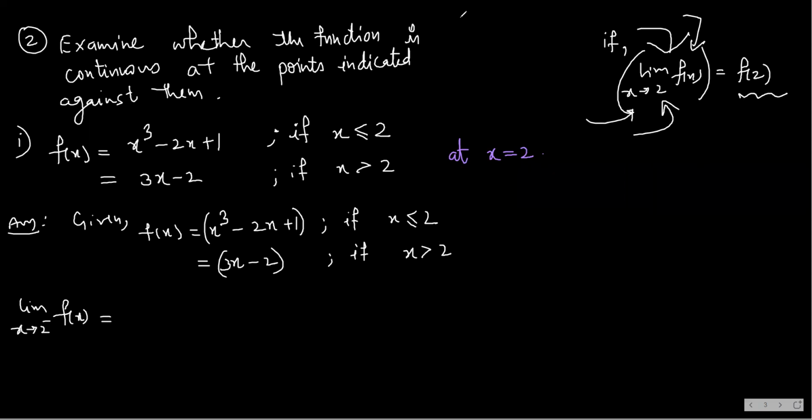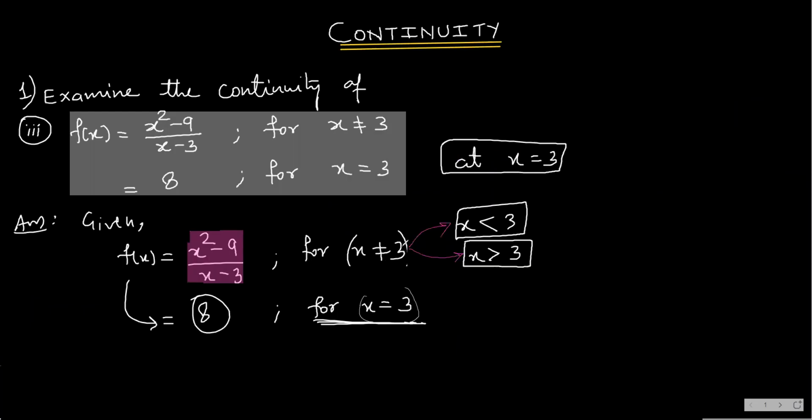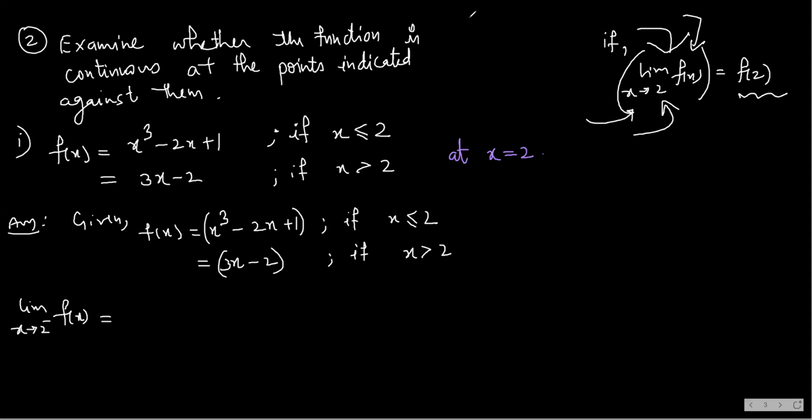Students, remember, every single time you have lesser than equal to, greater than, or greater than equal to, lesser than, you should understand that it is the function having different definitions on the left and on the right. On the other hand, when you do not have such a thing, see here we did not have like that. Here we had x not equal to 3. So when it is like this, then you should understand that the function has same definition on the left and right. Okay, don't worry, slowly and slowly you will get a hold on it.